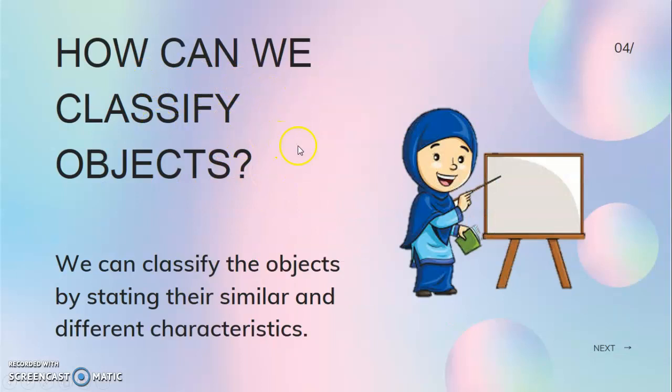How can we classify objects? We can classify the objects by stating their similar and different characteristics. Karakteristik, ciri persamaan dan ciri perbezaan. Different, perbezaan. Similar, persamaan.